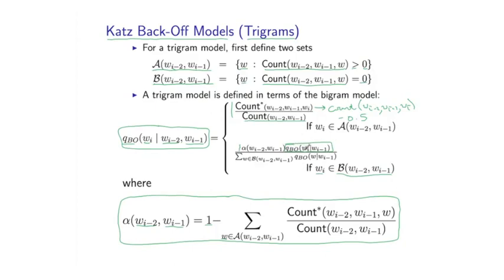In the numerator I have that backed-off estimate, and down here I have a normalization term where I sum over all words in B of that backed-off term. So this is simply taking the missing probability mass alpha and splitting it in proportion to these backed-off estimates at the bigram level. So that's essentially it. That is a trigram backed-off method.